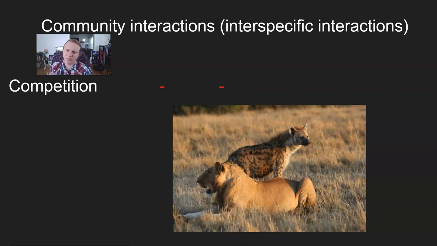I've had economics majors argue this point with me about business or whatever, but that doesn't matter. The thing that you should know is that in competition, both species do worse. Imagine that you're living with a group of lions on the savannah, and you manage to take down a gazelle or whatever it happens to be. What's going to be easier for you? Eating the gazelle, or eating the gazelle while having to fend off hyenas? Right? So in competition, both groups are doing worse.